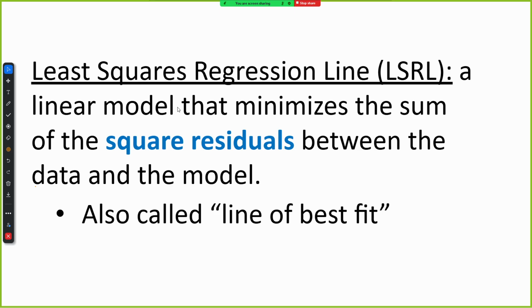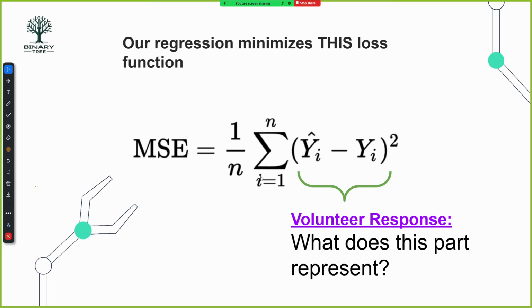The one that is the best is the one that minimizes the sum of the squares of the residuals between the data and the model. So our regression function here, this is our actual regression line, and it minimizes the loss function. This is a loss function which models how much error we have within our line.